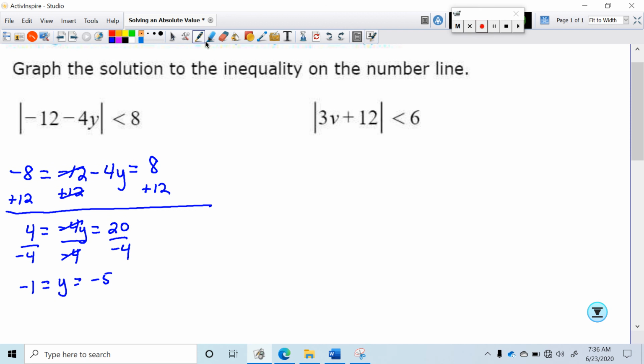Okay, now for the rules for actually graphing them. You want to look at the original inequality in the problem. And here's the rule. If it's greater, and I know this is not how you spell it, but this is how I remember it, it's going to be an "or" situation. So your graphs are going to be split apart.